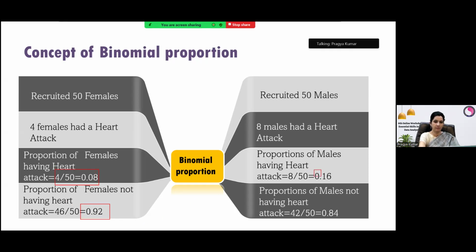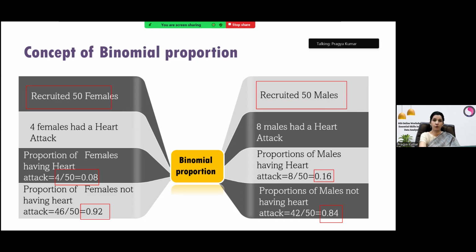Similarly, among males, 16% are having a heart attack and 84% are not. This is again a binomial proportion. Here the two independent groups are females and males, and we have recruited them separately.